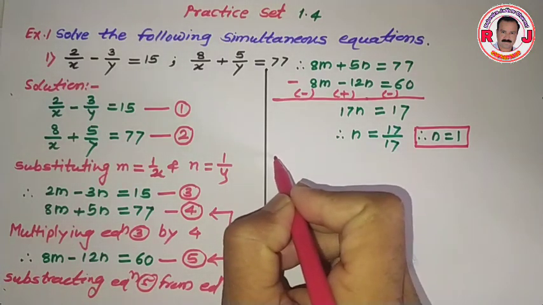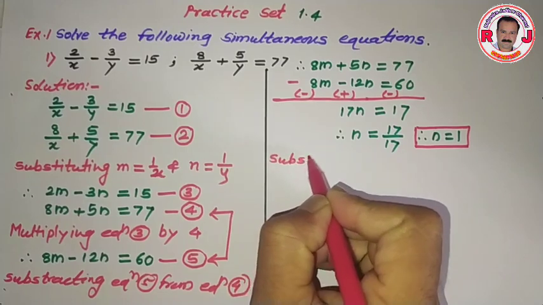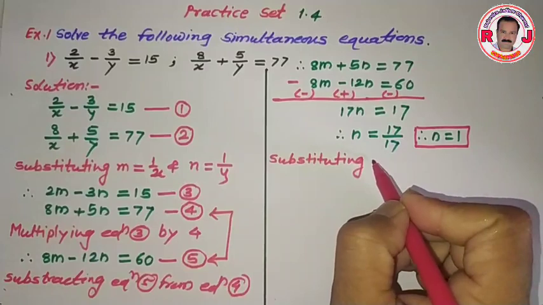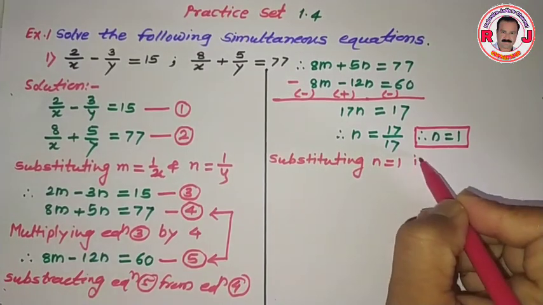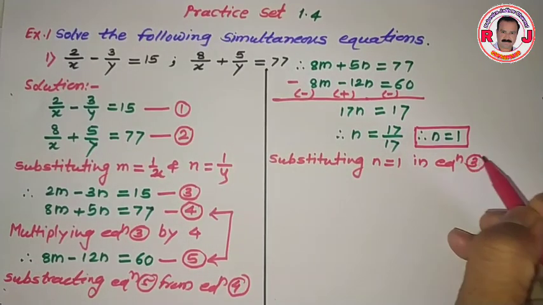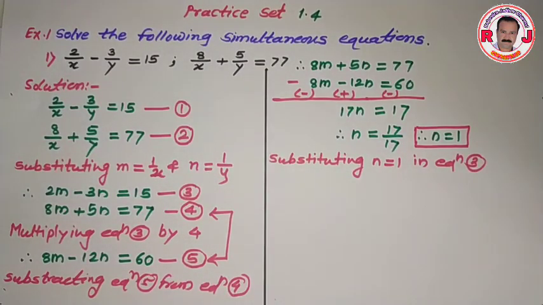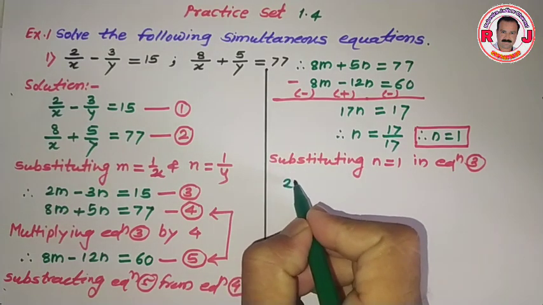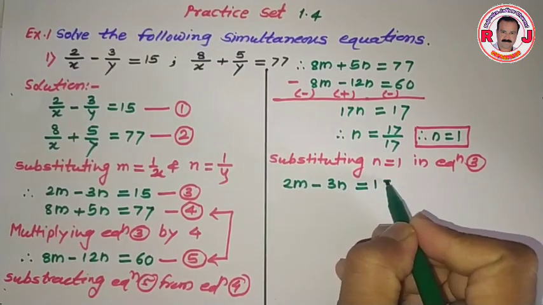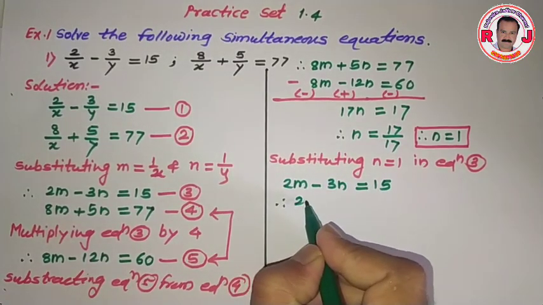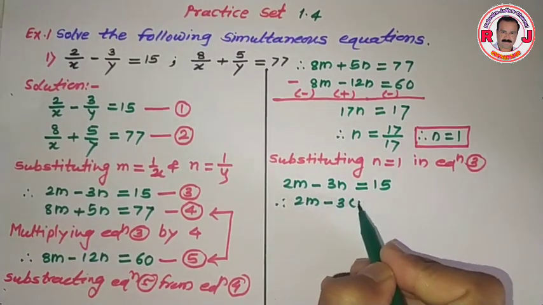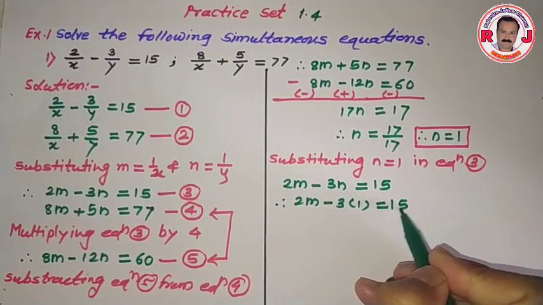Substituting n is equal to 1 in equation 3. Write down equation 3, 2m minus 3n is equal to 15. Here 2m minus 3 into value of n is equal to 1 is equal to 15.